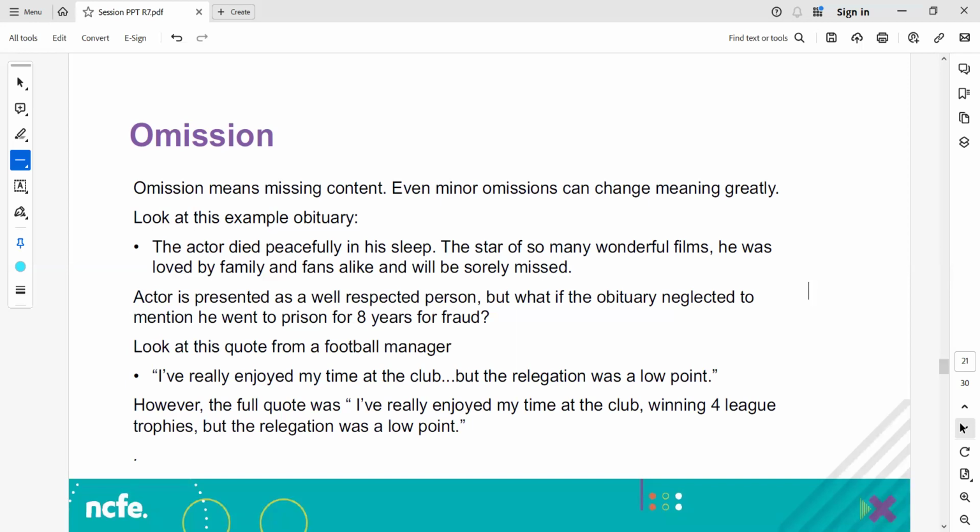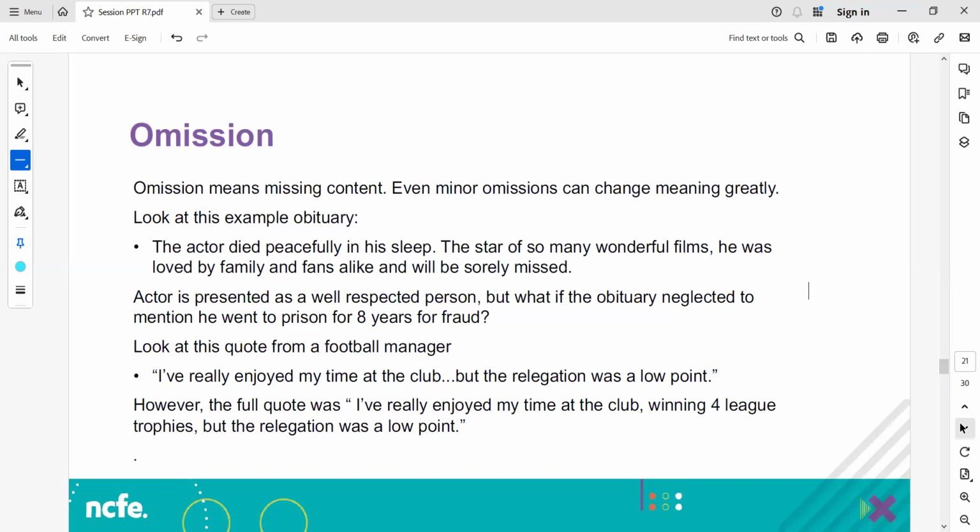The actor here is presented as a well-respected person. But what if the obituary is neglecting to mention that he went to prison for 8 years for fraud? Leaving out that information will change what the reader thinks of this actor.